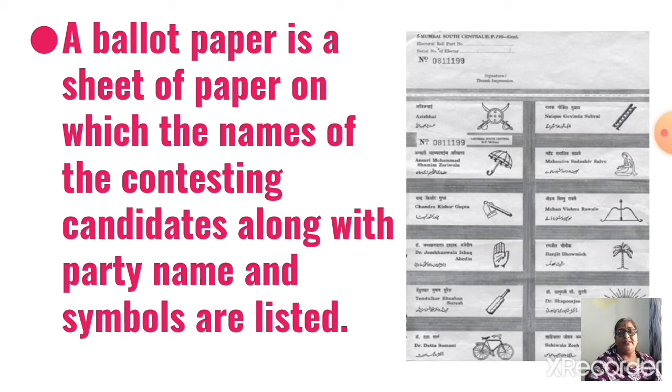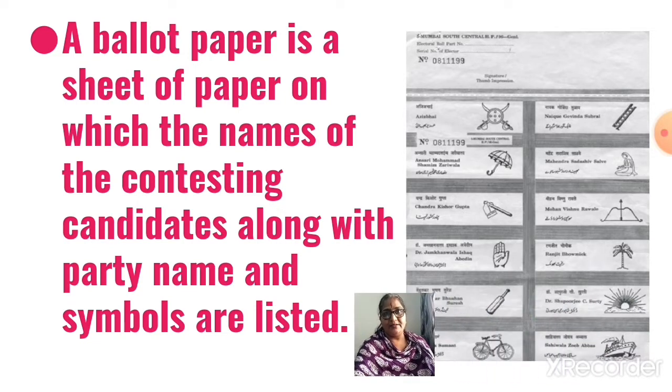Now, look at this. Earlier, that is a few years before, the voters used to indicate who they wanted to vote for by polling a stamp on a ballot paper. See the image here. It is there, the ballot paper. Can you see the ballot paper?